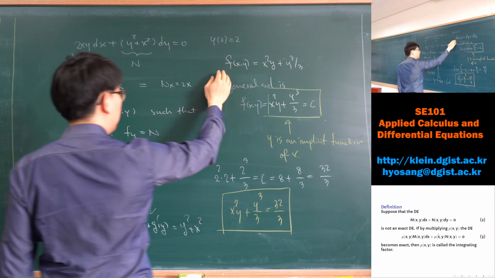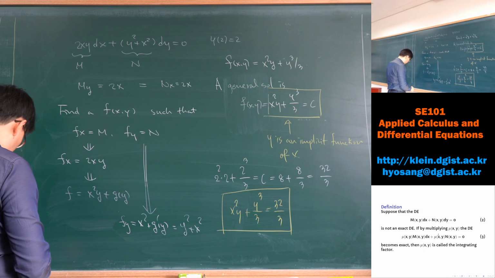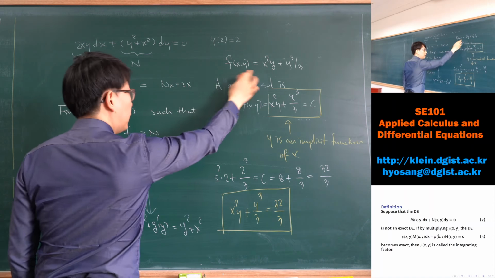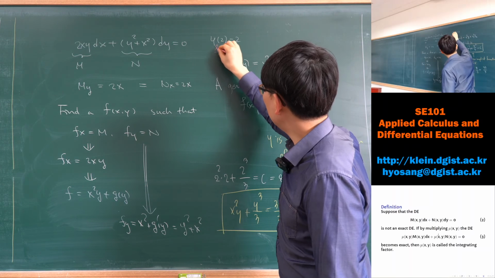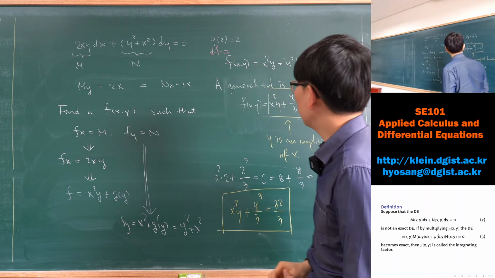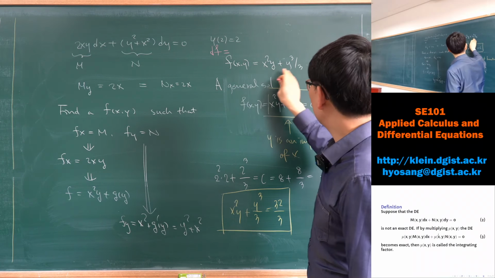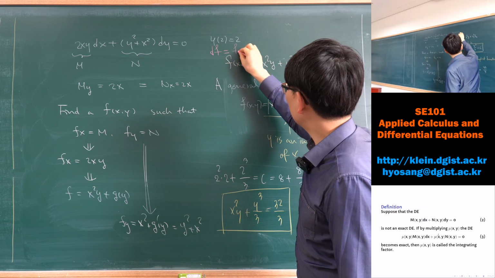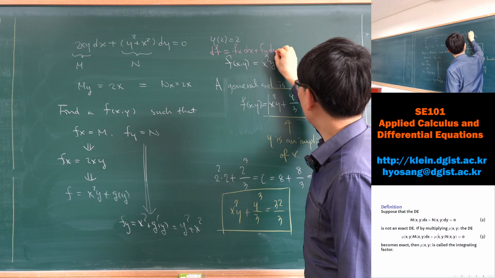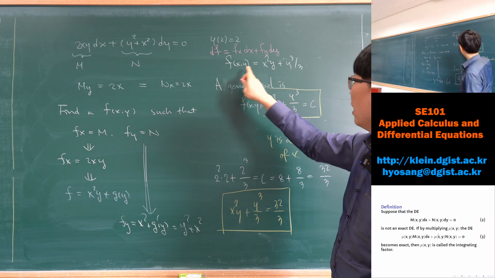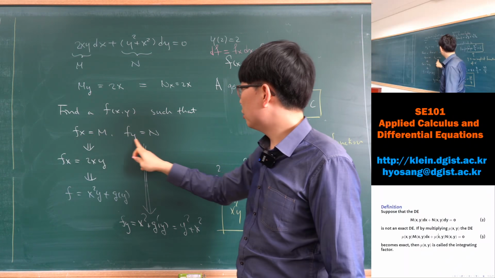So we have a function satisfying this formula, right? Then, by taking a total differential of f, we have df equals the total differential of this, so f_x dx plus f_y dy, and we set this f satisfying these two conditions.